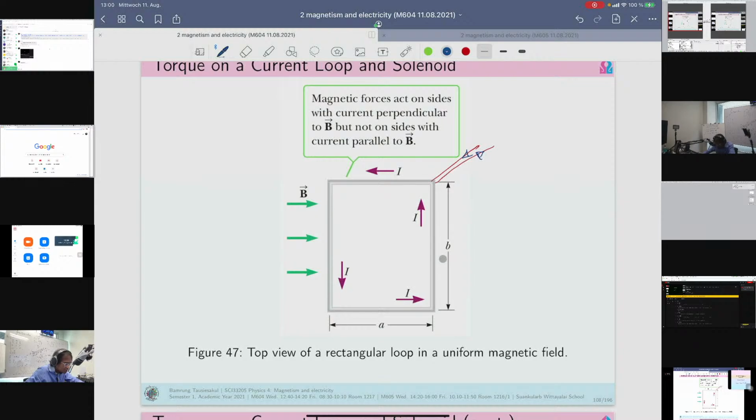That's the top view. We look at this rectangle conductor from the top view, from the top aspect, and if we let the magnetic field flow through this conductor from left to right, with the green arrows here, you can see that there will be some effects.